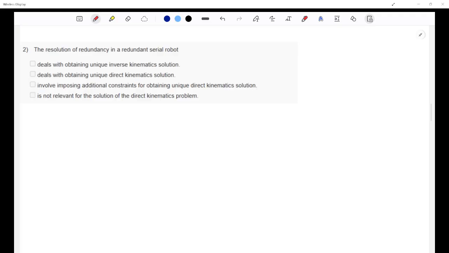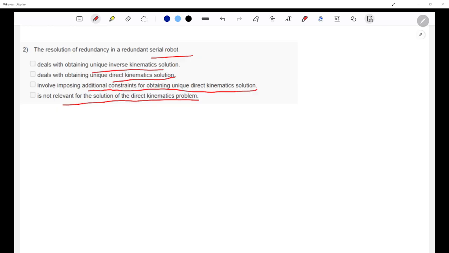Okay. So the resolution of redundancy in a redundant serial robot deals with obtaining a unique inverse kinematics solution, deals with obtaining a unique direct kinematic solution, involves imposing additional constraints for obtaining a unique direct kinematic solution, or is not relevant for the solution of the direct kinematic solution.